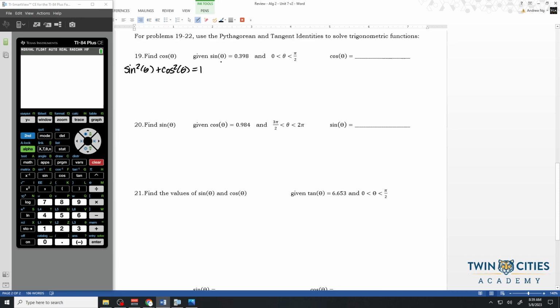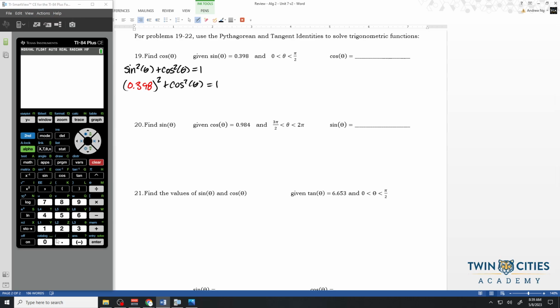So I'm given the sine of theta is 0.398. So if this is sine squared of theta, then I can plug in 0.398 here and say that this is the sine of theta. So I'm going to square this to be sine squared of theta plus cosine squared of theta equals 1.